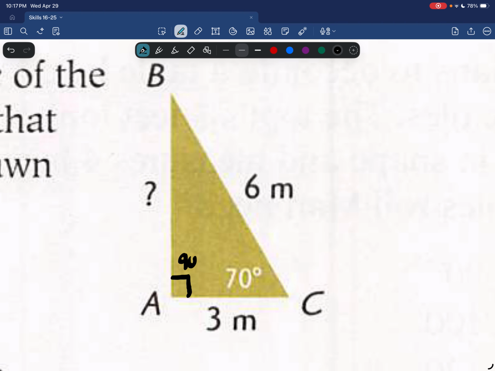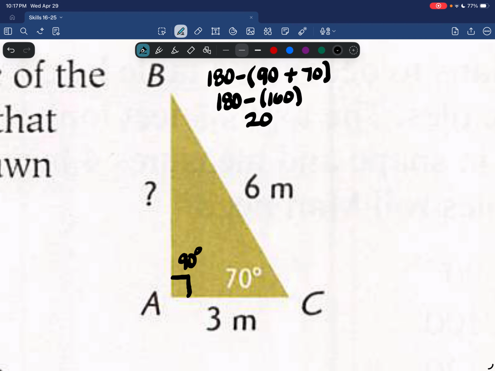If this is 90 degrees and that's 70 degrees, I could tell you that that missing angle is absolutely irrelevant, but it's good practice. 90 and 70 make 160, so that leaves me with 20 degrees for this one.